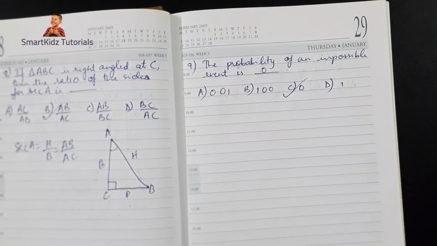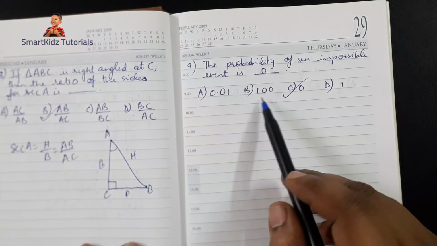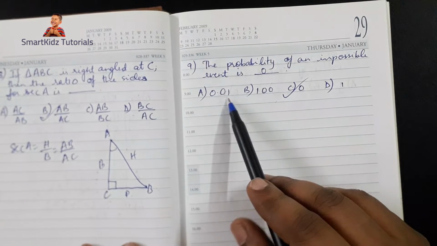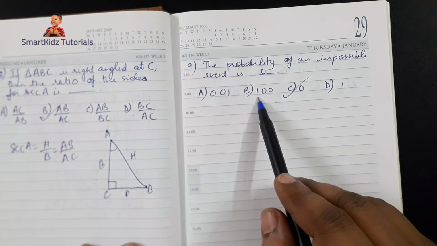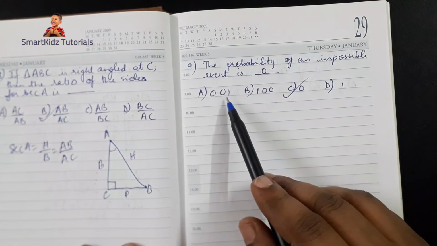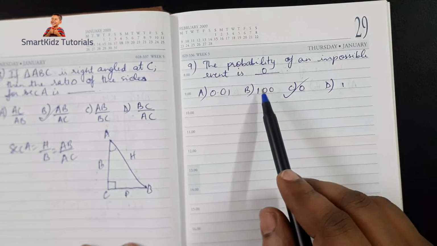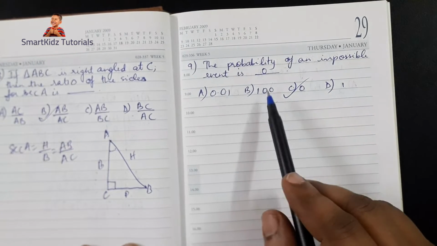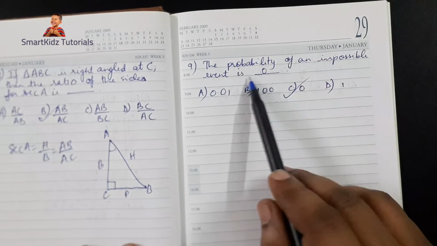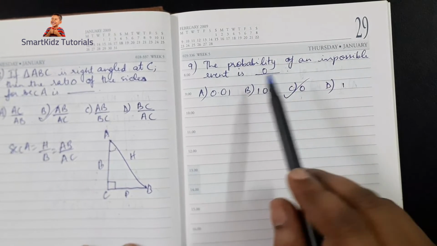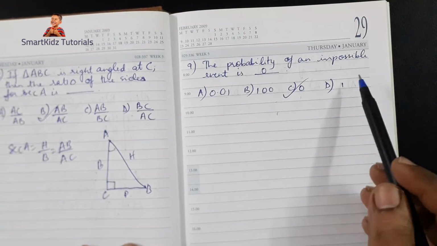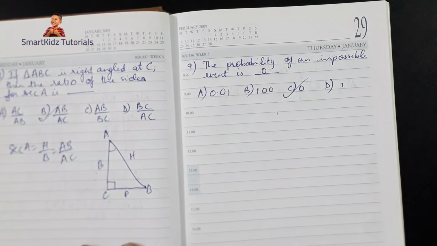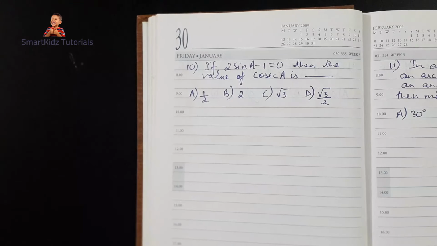Probabilities cannot be less than 0 and cannot be more than 1, and definitely this is ruled out over here. So remember, the probability of an impossible event is 0, and the probability of an event that is sure or certain to happen is 1. Let's move to the next question.